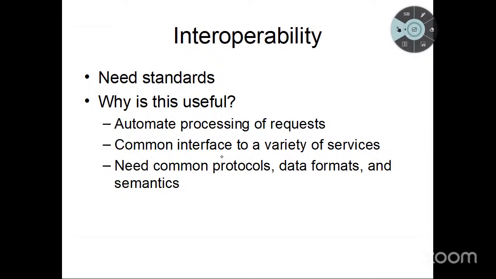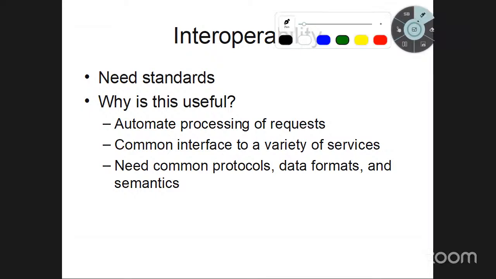Okay, I will complete this today. We need standards for interoperability. Tomorrow we'll discuss the next topics.